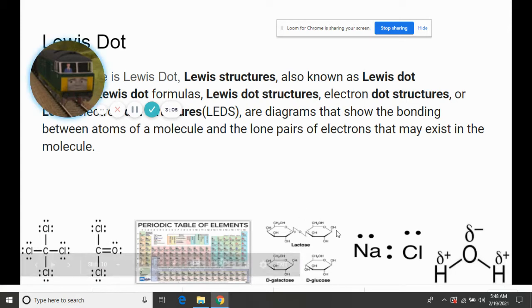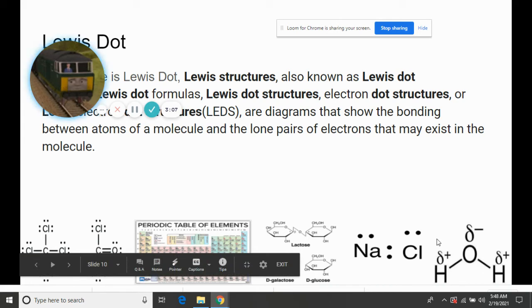This is Na and Cl, which is 8 plus and 8 minus, and 8 pluses are on the H's. There's an O, which is 8 minus, definitely. So if you guys have any questions, just let me know.